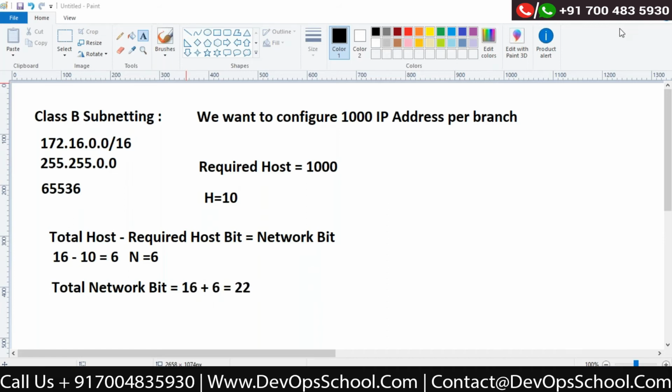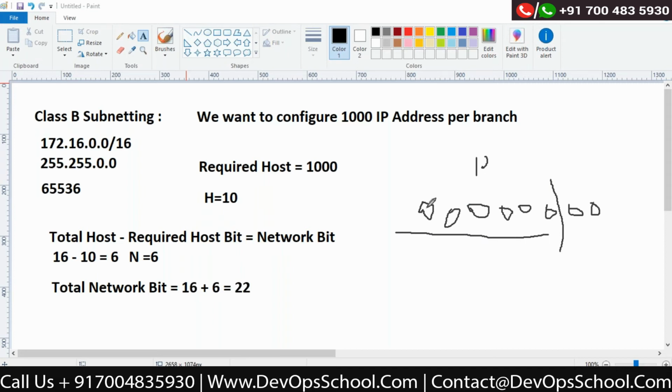Writing it down, 128, 64, 32, 16, 8, 4, 2, 1, out of these 8, 6 are transferred to network.